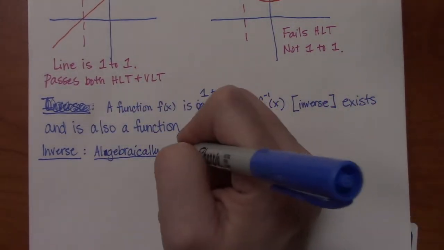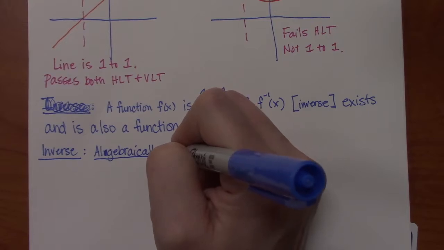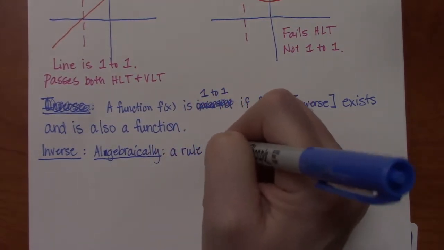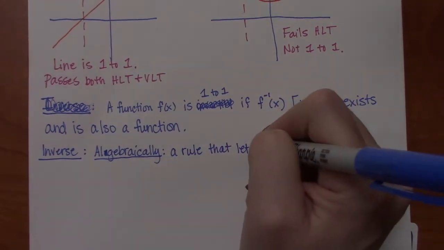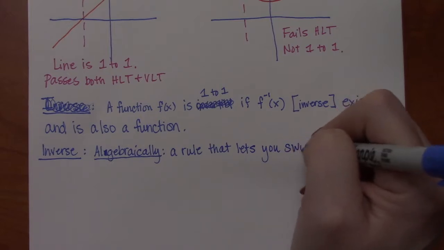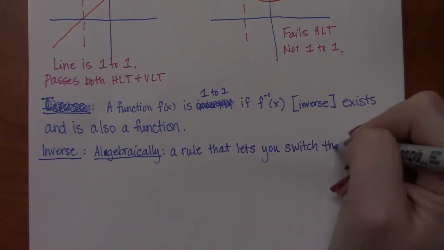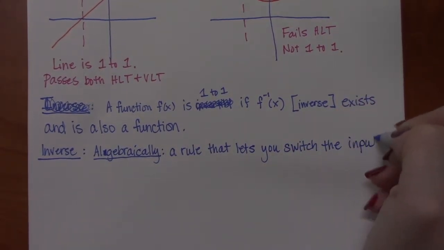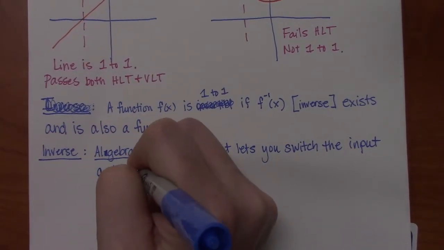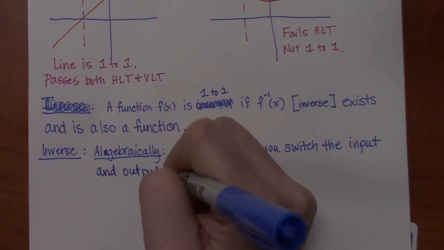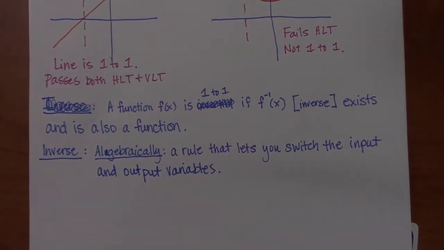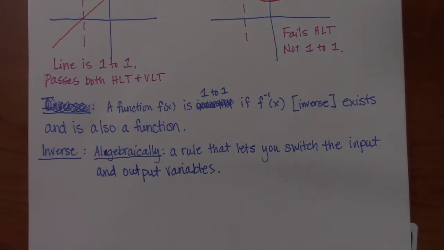The inverse function algebraically is a rule that lets you switch the input and output variables.